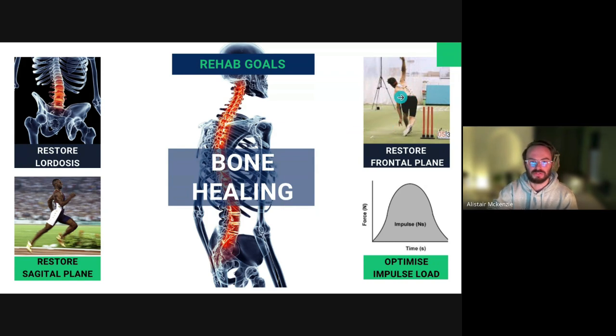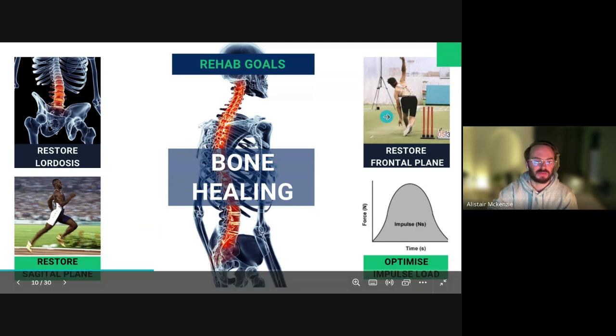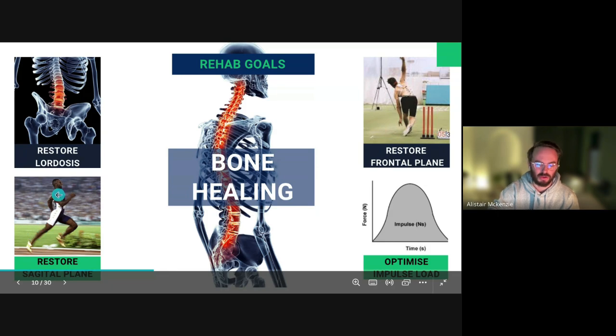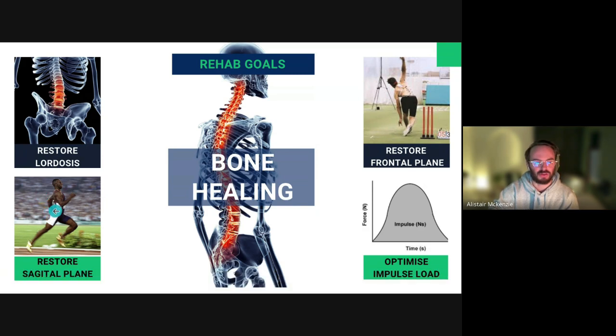Over then on the right, we've got restoring the frontal plane. Actually, sorry, correct me there. I'm going to restore the sagittal plane first. From a performance point of view, the sagittal plane, and specifically extension, is the most powerful of all, because we're trying to fight the deceleration that gravity is causing us.